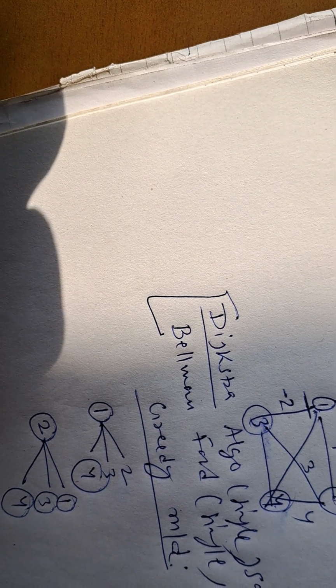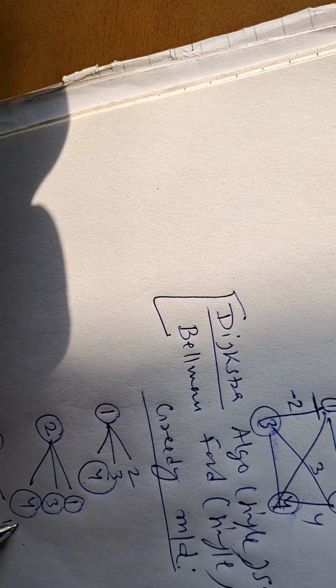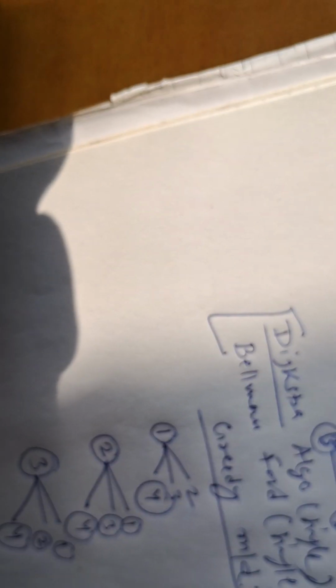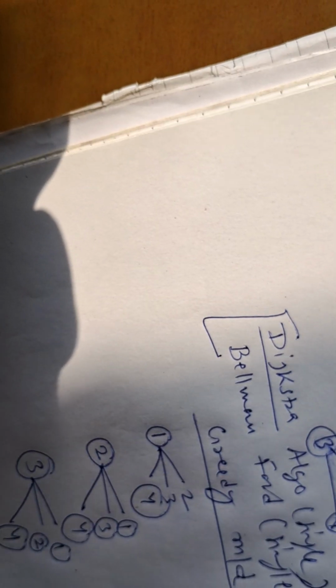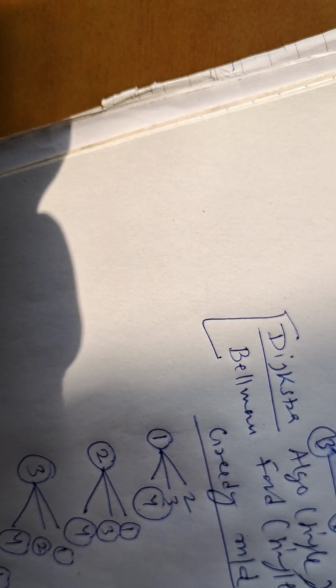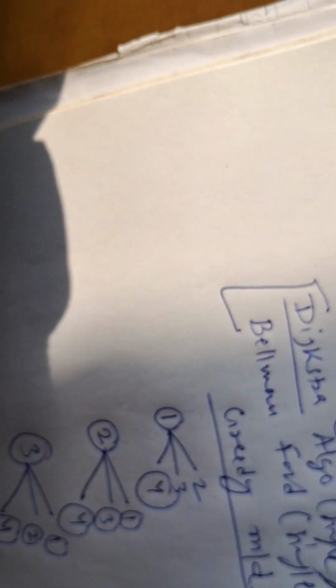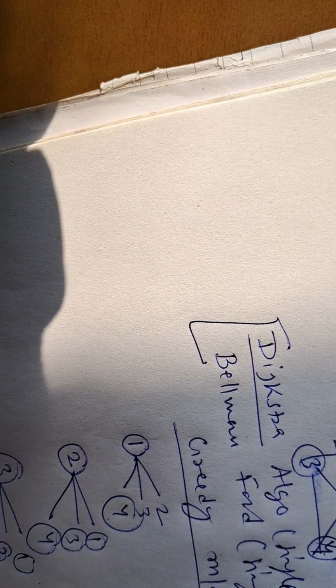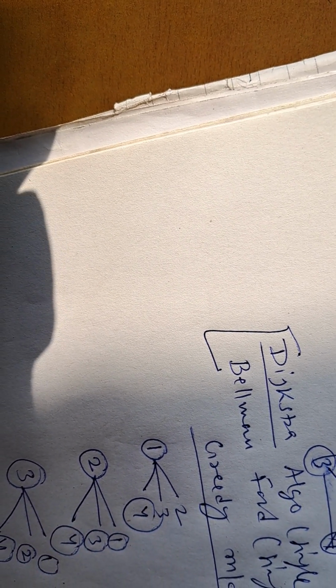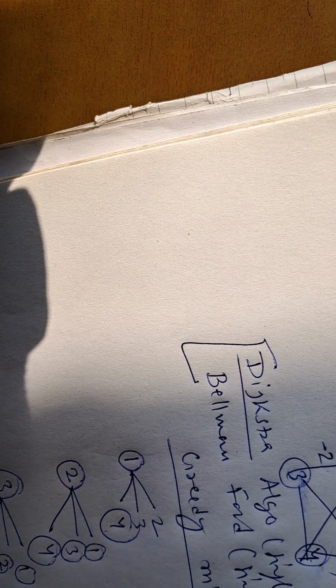If the source is 3, how to reach 1, 2 and 4. If the source is 4, how to reach 1, 2 and 3. Meaning, given any source, how can you find a path to all other vertices. That means all pairs shortest path.